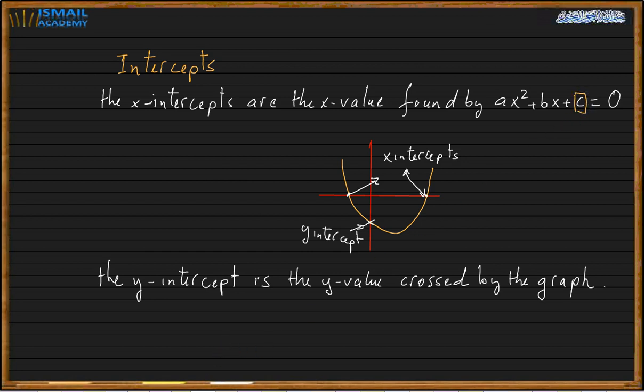If there is no c, that means zero. So y equals c is your y-intercept. For the x-intercept, I say it may be 0, 1, or 2. It depends on the discriminant.